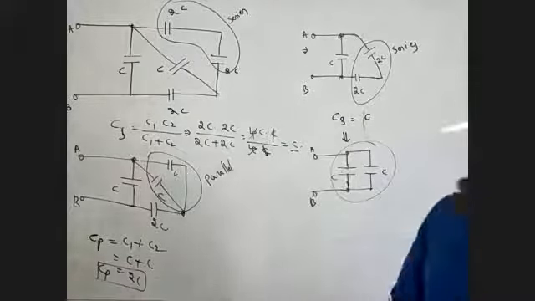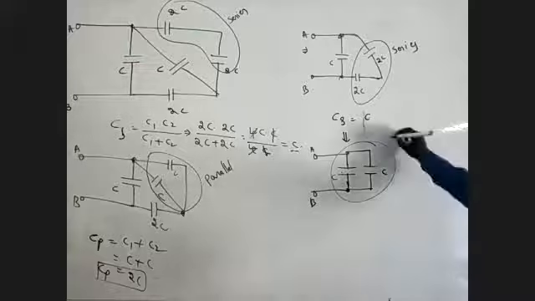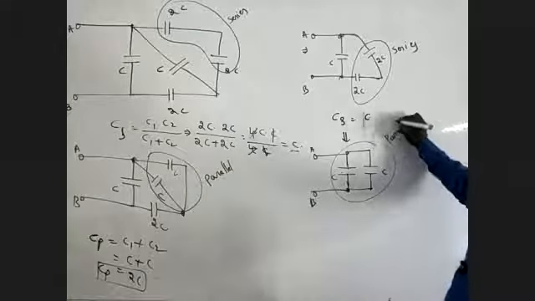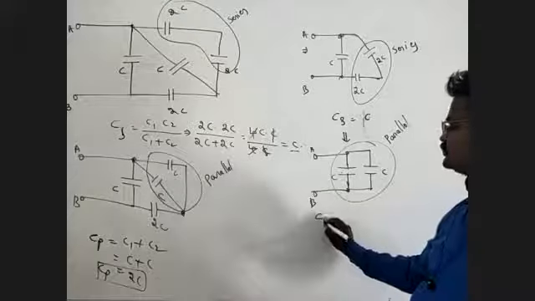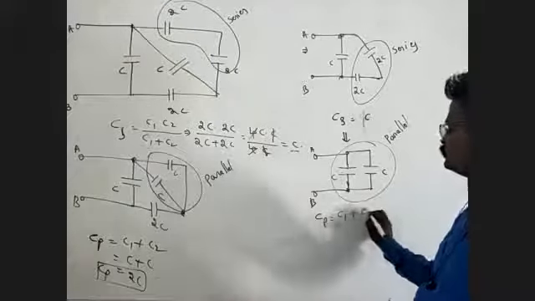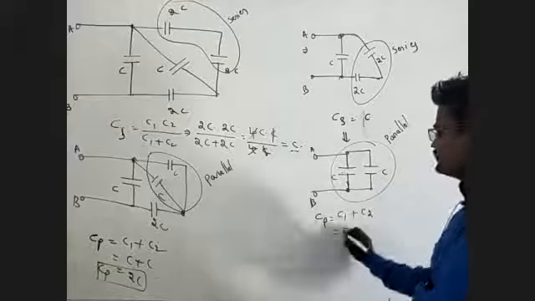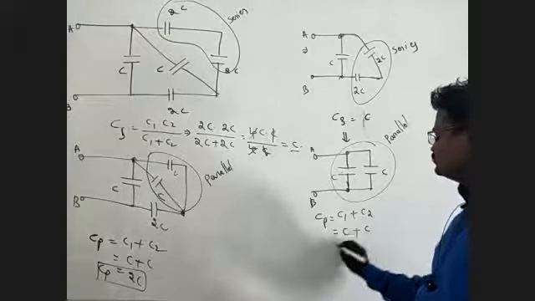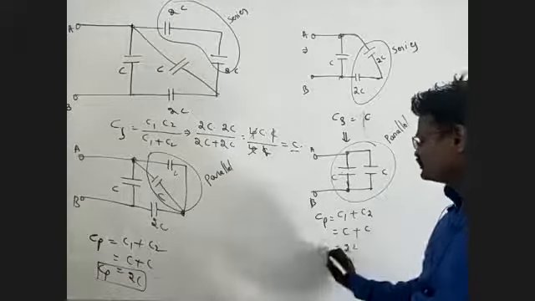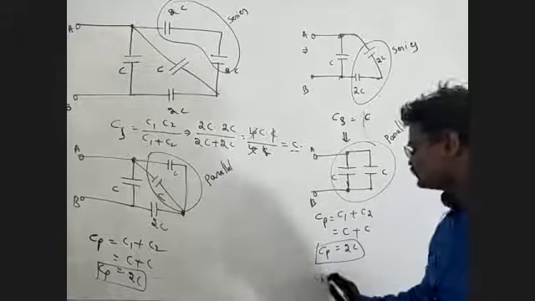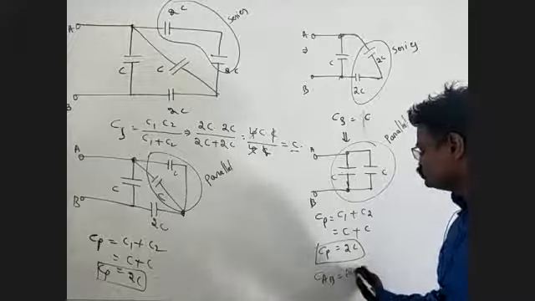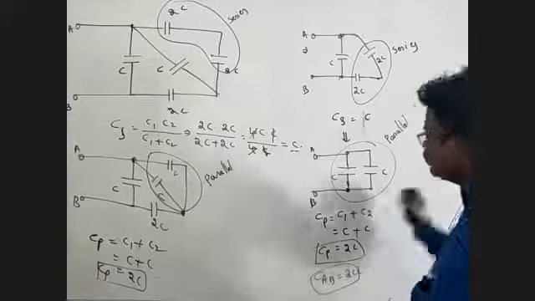Two capacitors are in parallel connection. Parallel formula is CP is equal to C1 plus C2. C1 value is C, C2 value is C, so the total value is 2C. That means CAB value is 2C. This is your answer.